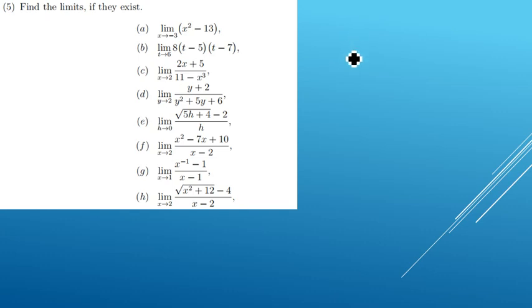The first question, which happens to be A, says: find the limit as x is approaching -3 of x to the power 2 minus 13.